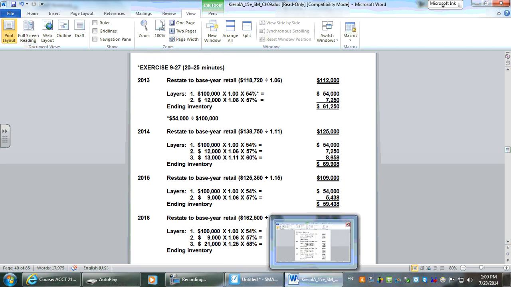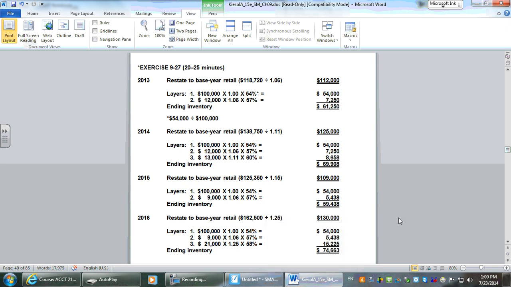I looked at this one too, and I thought I would have time to write it down. What they've done on this one is figure out for you all the cost to retail percentages, and they gave you all the year-end price indexes. This is problem 9/27, and they gave you 4 years.